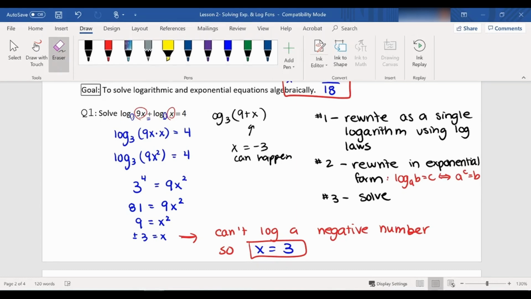So you don't just automatically discard any negative answers. You do need to take a look back at the original question and see, would that result in me logging a negative number or not? In this case, my negative answer would mean I'm logging a negative number, which is not possible.